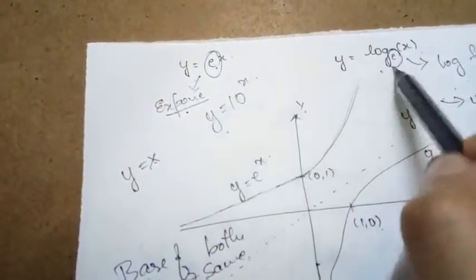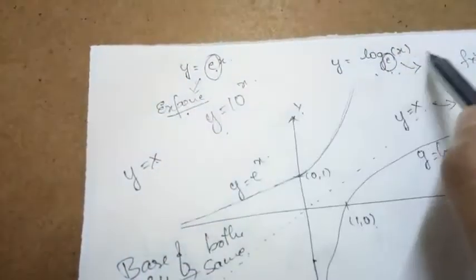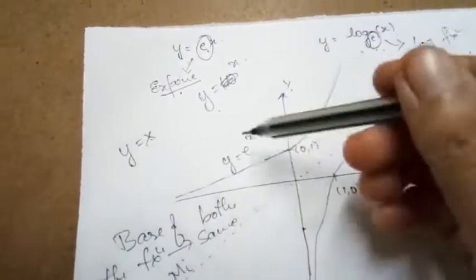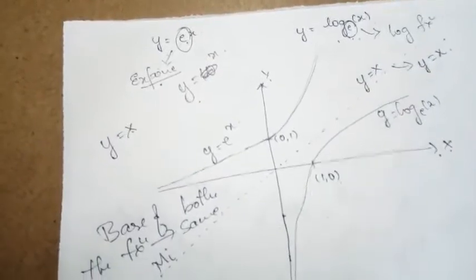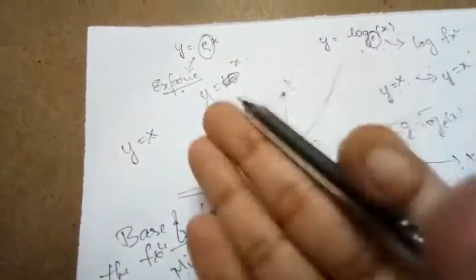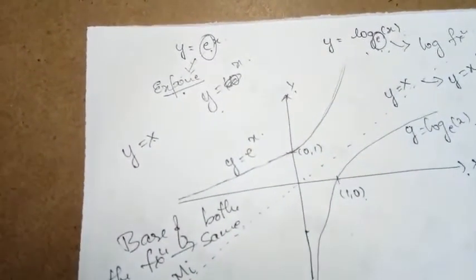These two curves are not mirror images of each other with respect to this line. While we are talking about the mirror image, the base should be the same. So the exponential function and the logarithmic function are mirror images of each other with respect to the line y is equal to x.